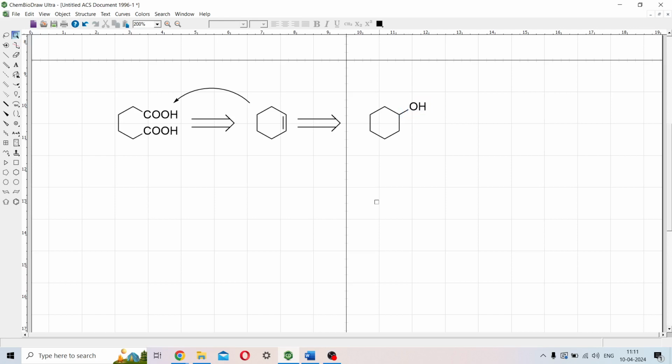What is this? Cyclohexanol, right? And how to get this? You can either do it from here, from cyclohexanone, or if you are looking to get it from natural sources, you can start from this one.